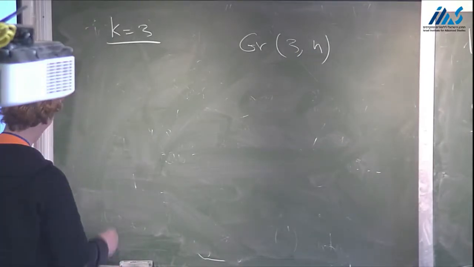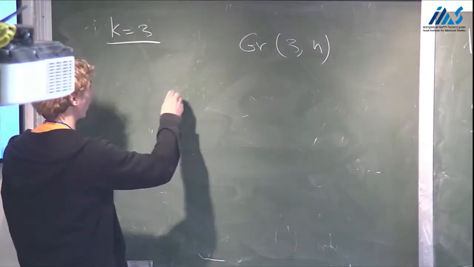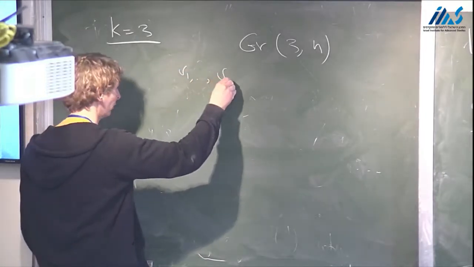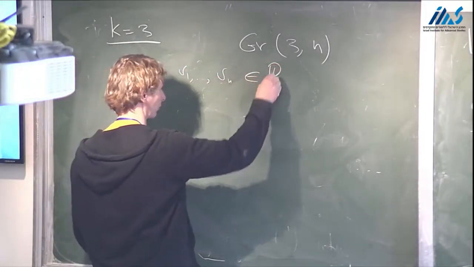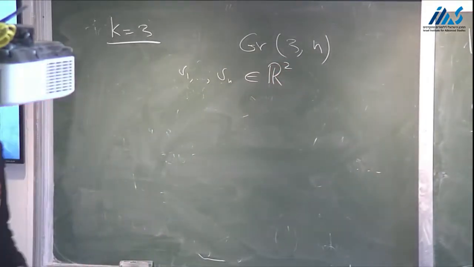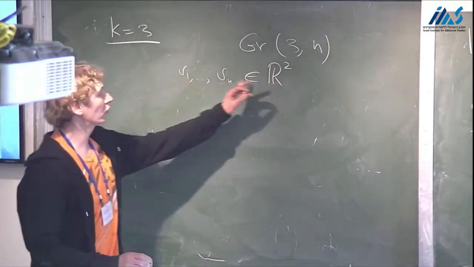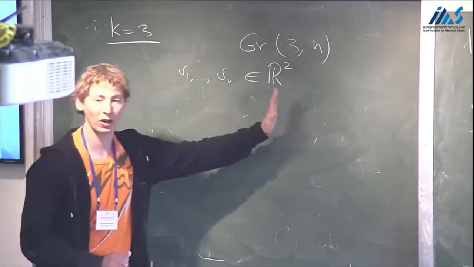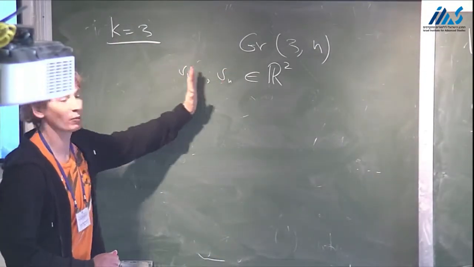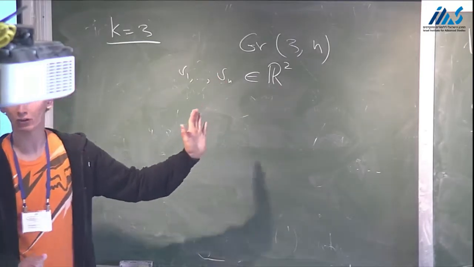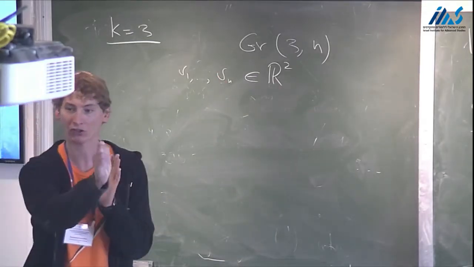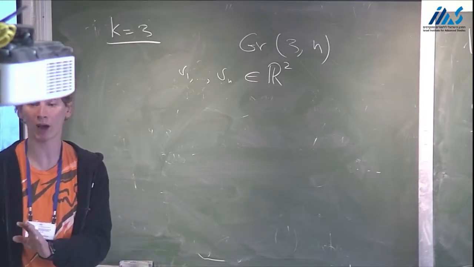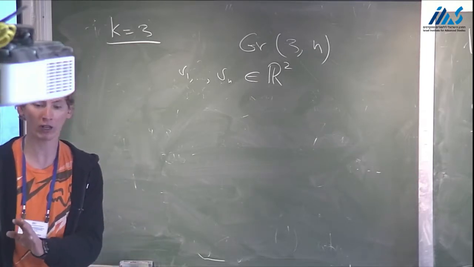Let me call them v1, ..., vn in R^3. They are three-dimensional vectors. If you put these three-dimensional vectors in a 3 by n matrix, you want any 3 by 3 minor to be positive. So what does it mean?